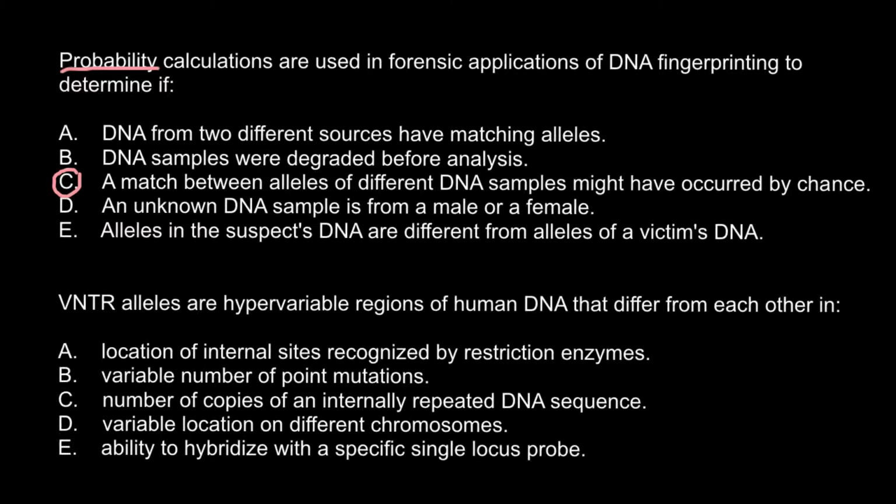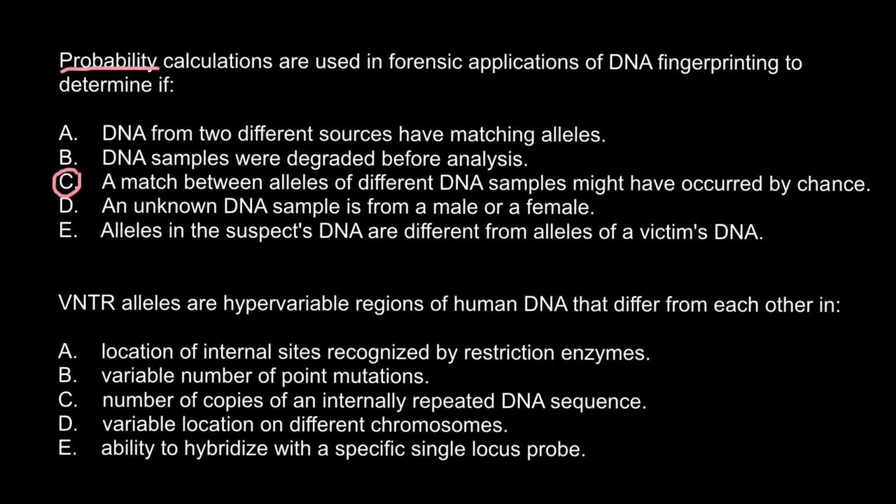And next question. VNTR, or variable number of tandem repeats alleles, are hypervariable regions of human DNA that differ from each other in: Answer A. Location of internal sites recognized by restriction enzymes. Answer B. Variable number of point mutations.